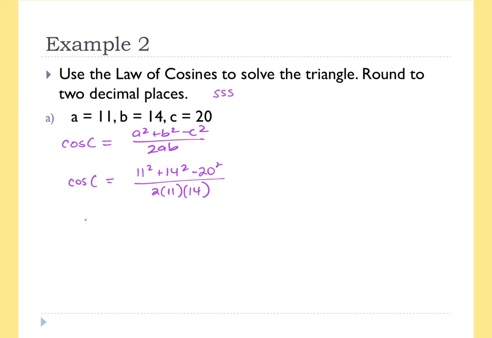So you can do it all in one step if I do cosine -1, but I have to group together my numerator and my denominator.